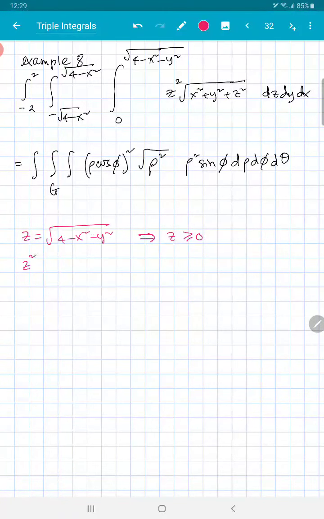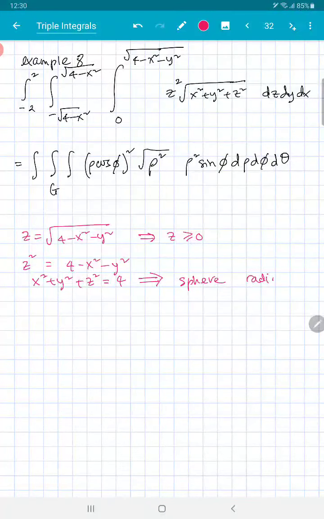The left hand side gives z squared, and the right hand side gives 4 minus x squared minus y squared. Rewriting the equation, we get x squared plus y squared plus z squared equals 4. I think you recognize that equation. It represents a sphere where the radius is 2 and the center is at the origin, 0, 0, 0.